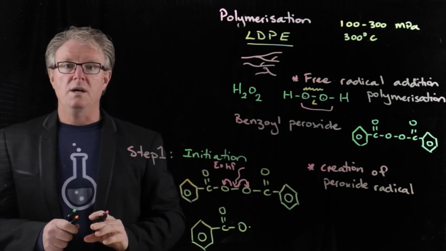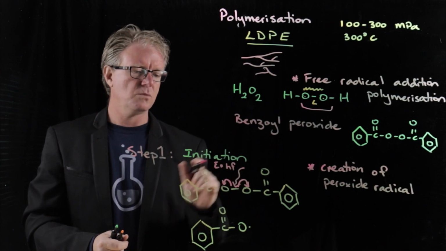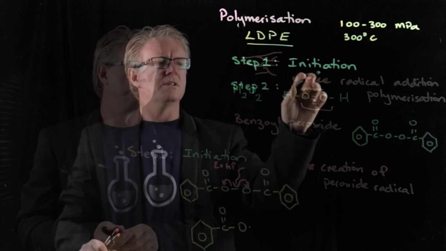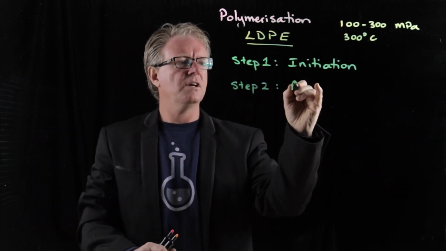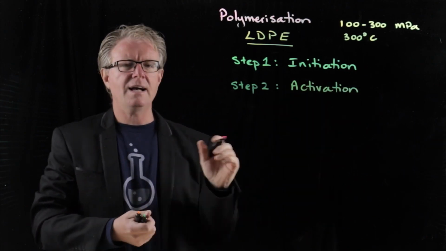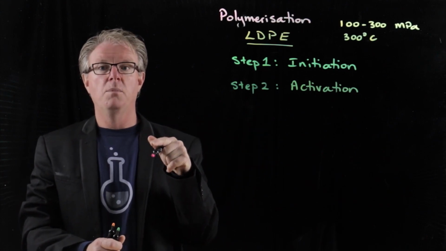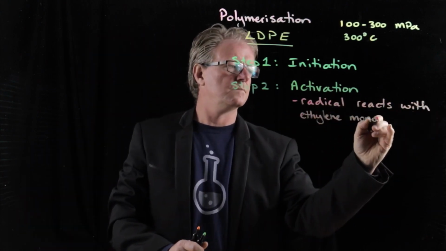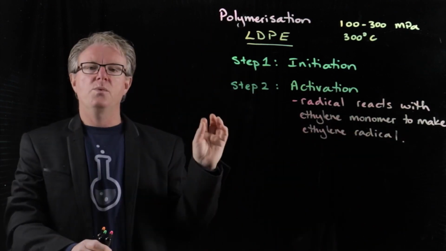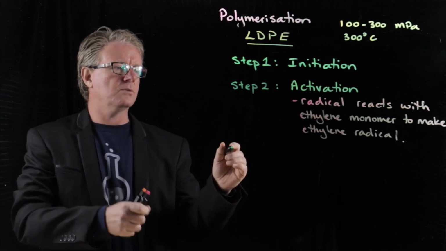We're going to look at step 2 now and see what this radical does. Okay, so rub this off and we'll get step 2 happening. The second step is called activation. And activation is when that radical reacts with the first ethylene monomer. So it reacts with the ethylene monomer to actually make an ethylene radical.